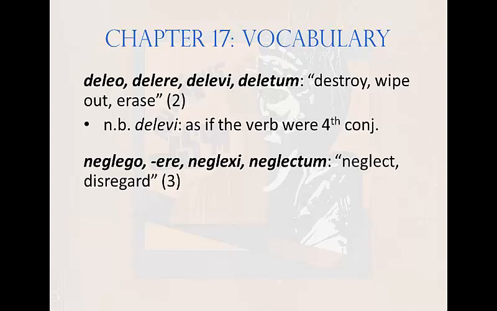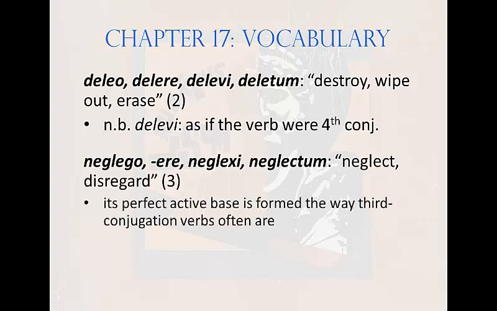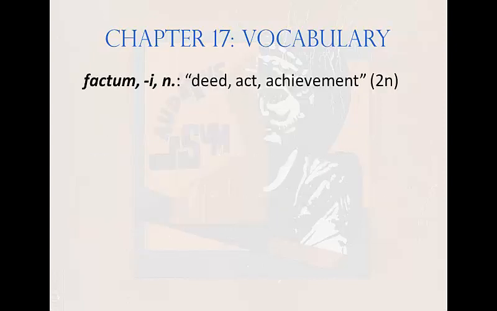It's a third conjugation verb. Notice that it forms its perfect active in a way third conjugation verbs often do, by adding an S sound to the end of the base. And the last word in this vocabulary list is factum, facti neuter, meaning deed, act, or achievement.